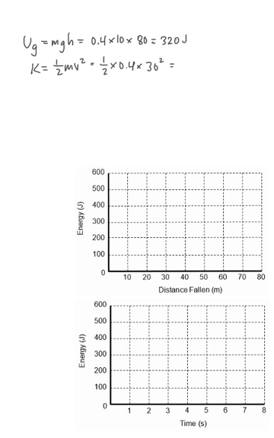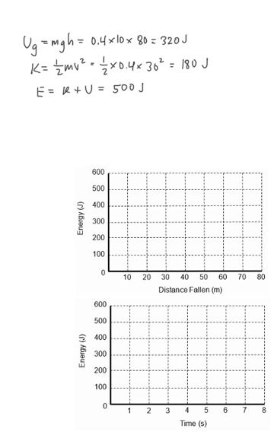And when it's first launched, it's launched at 30 meters per second. And this gives you an answer of 180 joules. So that means the total mechanical energy, which is kinetic plus potential, 320 plus 180, you get 500 joules.